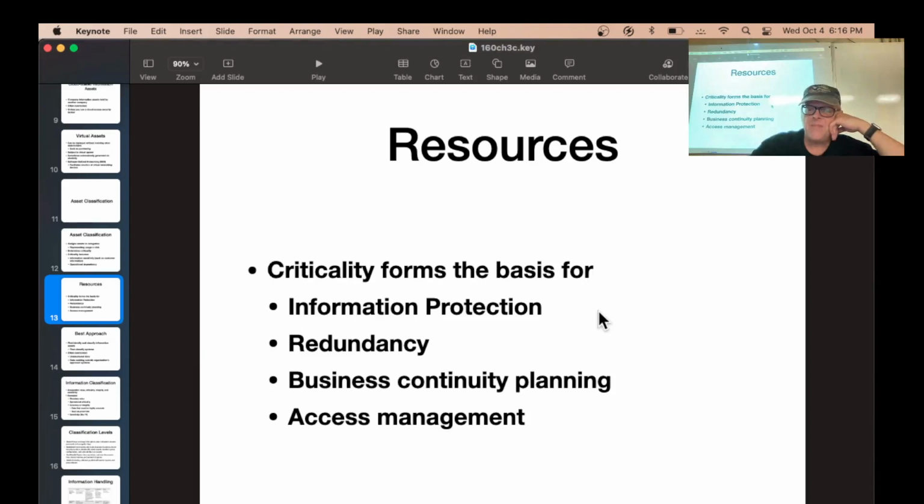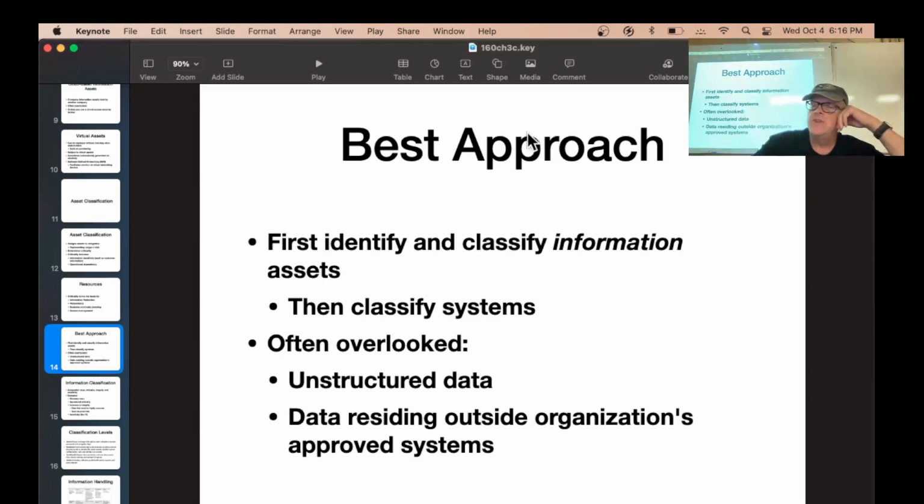So then that's the basis for protecting it, making extra copies of it for redundancy, and planning for business continuity in case of a disaster. You'll want to have extra copies of the critical information, and of course access management, limiting who can get at it. So the best approach is to first identify and classify the assets, then class the information assets, then the systems.